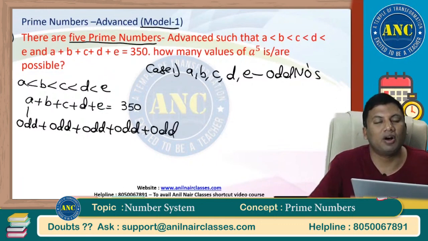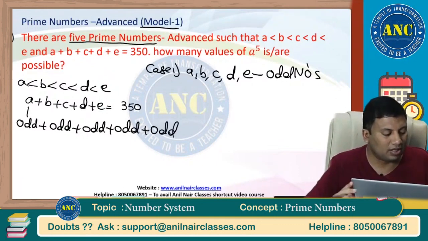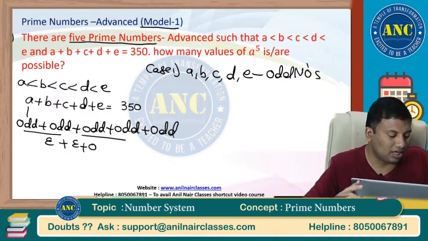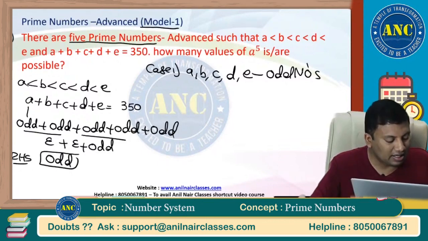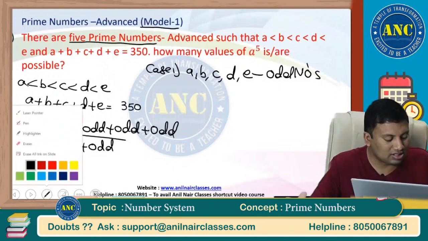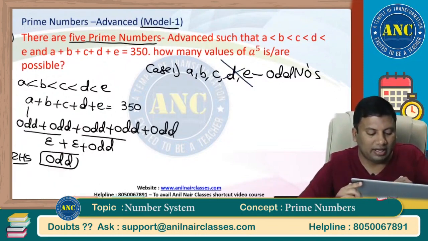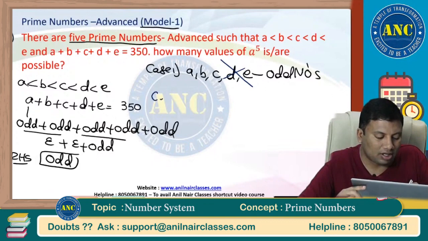An odd number of odd numbers is always an odd number. Odd plus odd, even. Plus odd, odd. Even plus even, even. The right hand side should be an odd number, but the right hand side is an even number. So this case of all 5 numbers being odd is not possible.